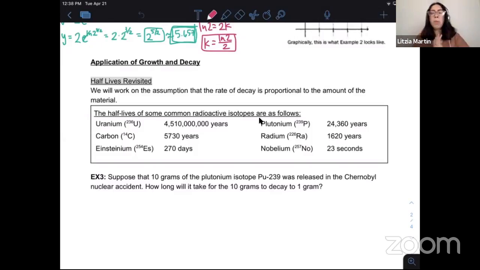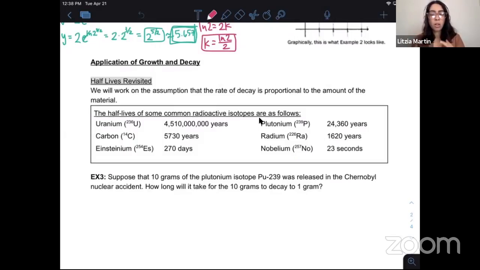So, the first application of what we've been going over with growth and decay is going to be related to half-life. What we're going to do is work on the assumption that the rate of decay is proportional to the amount of the material.